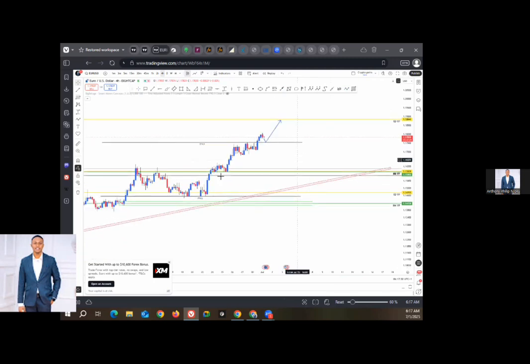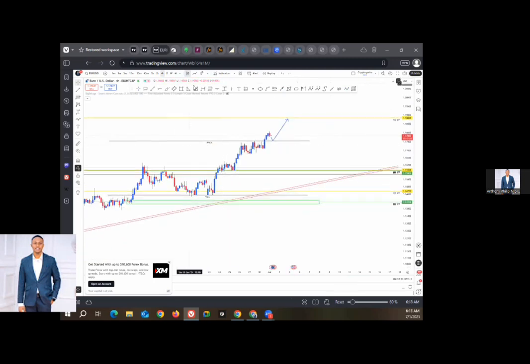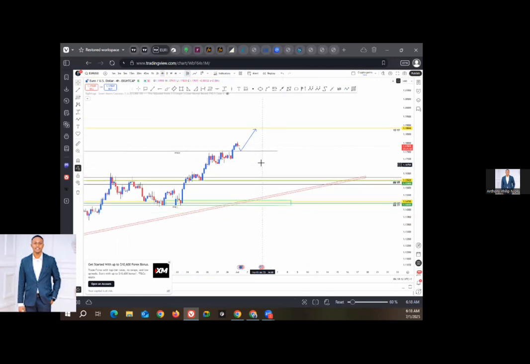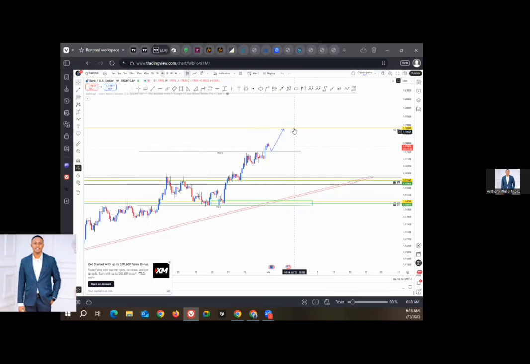That's what I see, because over here I see a power demand zone. Then the supply zone is all the way up here, where this daily supply zone is.